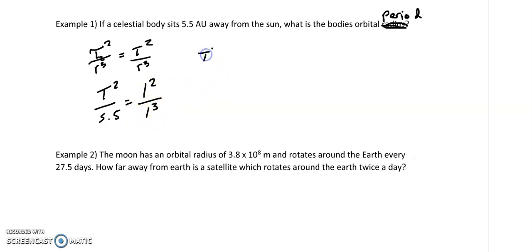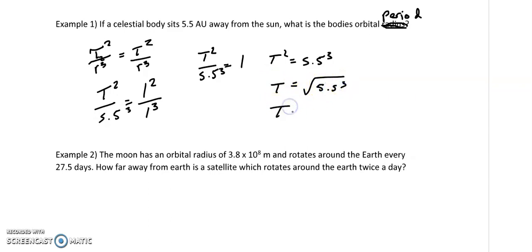And so really you're left with T squared over 5.5 cubed is equal to just 1. Or T squared is equal to 5.5 cubed. So to find the time, you're going to square root that. And so the period that you wind up with here is, in fact, 13 years.